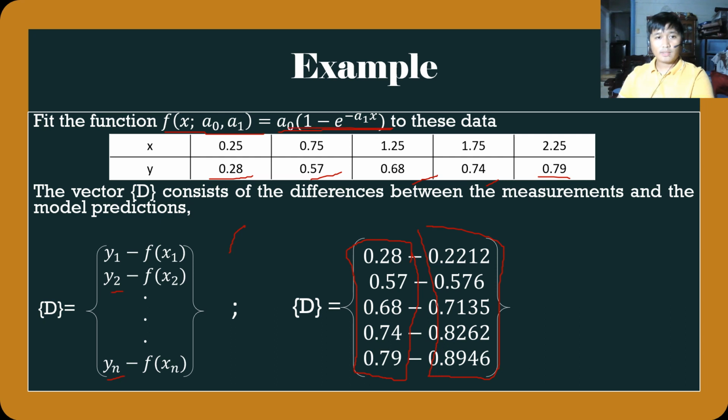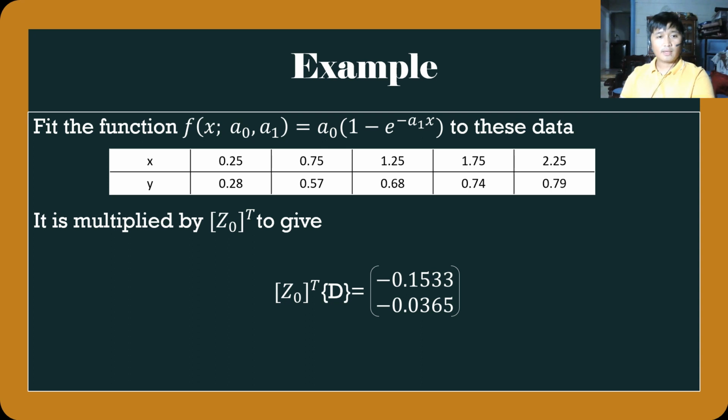The value of x sub 1 here is 1, so we can get these values here. Up to y sub 5, which is 0.79, and then x sub 5, we use this number here, and x sub 1 is 1, a sub 0 is 1, so we can calculate the values of this right side here. Okay, that is for the vector d.